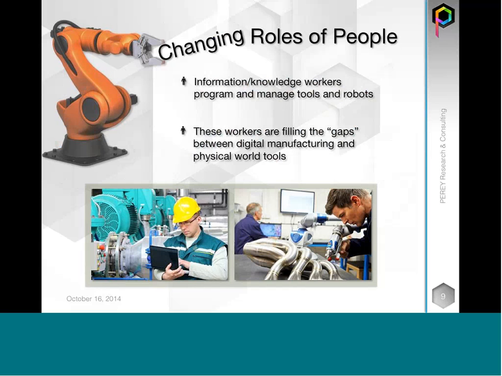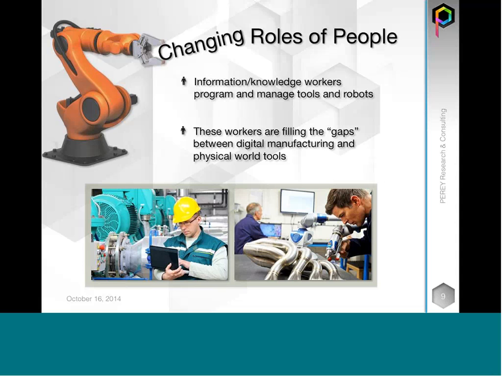In all of this, one of the things that you should keep in mind is how dramatically the roles of people have changed in manufacturing just over the last 20 years and even over the last 5 or 2 years. Increasingly, people who are in manufacturing are very, very advanced in their technology skills so that they can program and manage the tools, the electronic and information tools, and the robots around them.